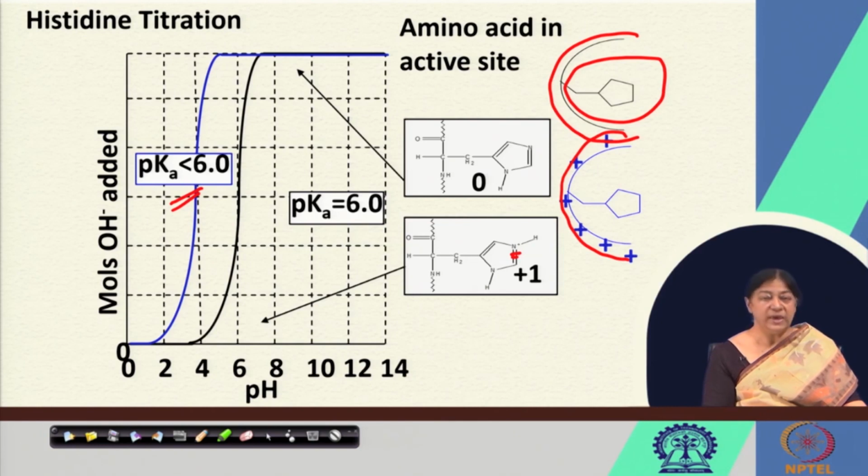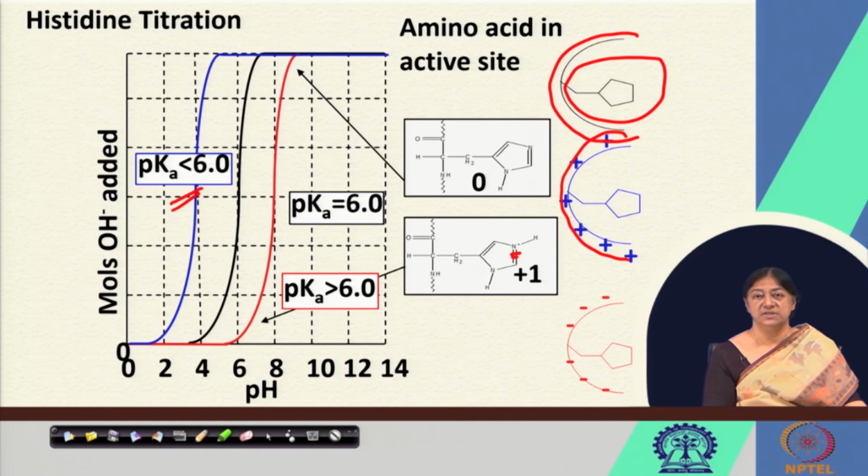In the same way, if this is surrounded by negative amino acid residues, in abundance, acidic amino acid residues, it would rather hold on to the proton and prevent its loss as much as possible, rendering a pKa value that is greater than 6.